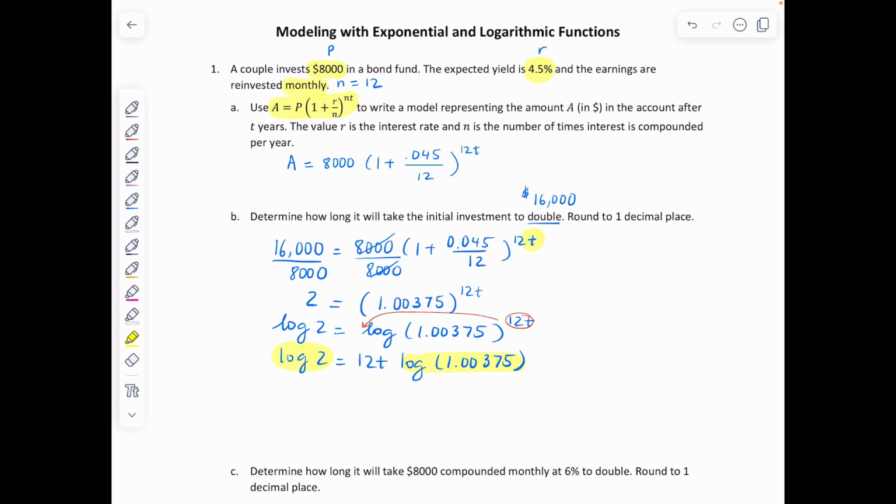If you put them on the calculator, they're constants. And our goal is to get this t by itself. So really we need to get rid of the 12 and the log of 1.00375 to get that t by itself. So I'm going to divide both sides by 12 log of 1.00375. And we're going to write the same thing over here.